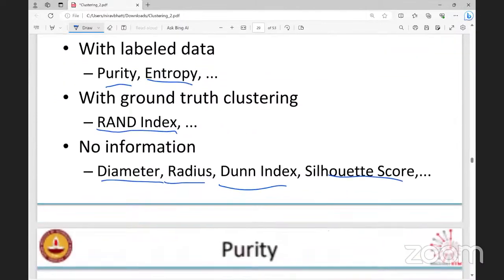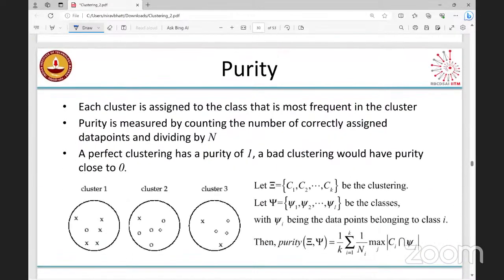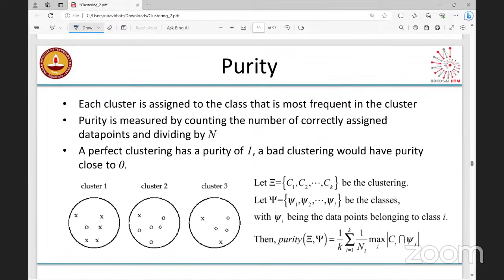So what is purity? Purity is a very simple thing. You know which cluster belongs to what. For each cluster, you assign the class that is most frequent in the cluster. Purity is measured by counting the number of correctly assigned data points and dividing by n. So you count whether a given data point is assigned to the right cluster or not.